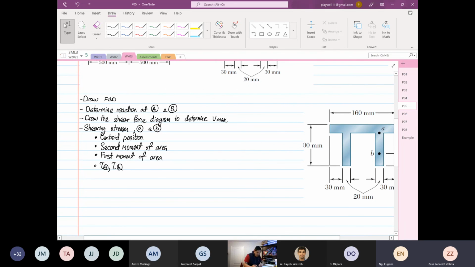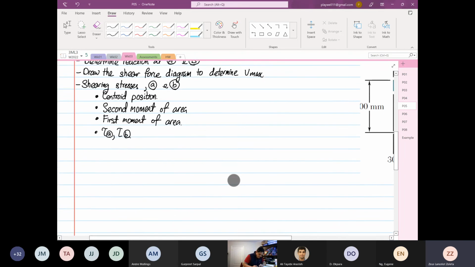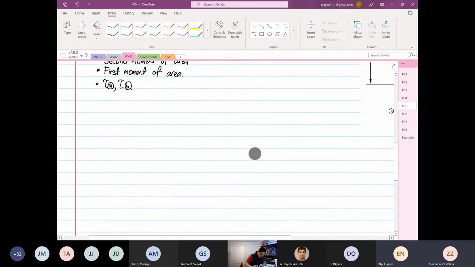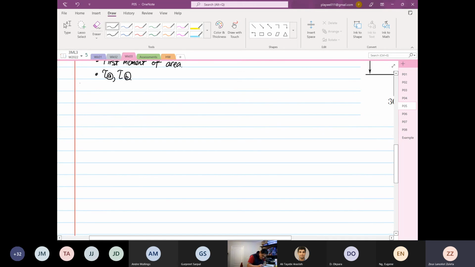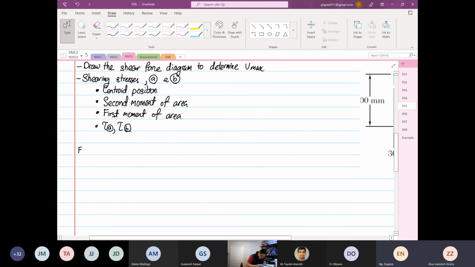So we are going to construct our free body diagram. Oh, some of you are copying down here. Okay. So this is your X, Y, rotation about Z, and then this is our beam.